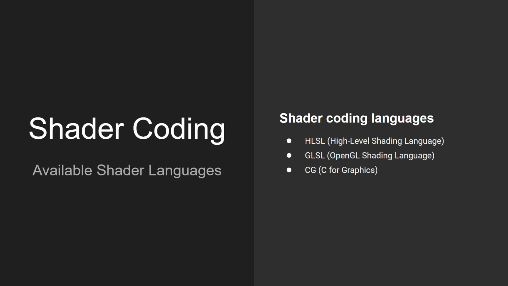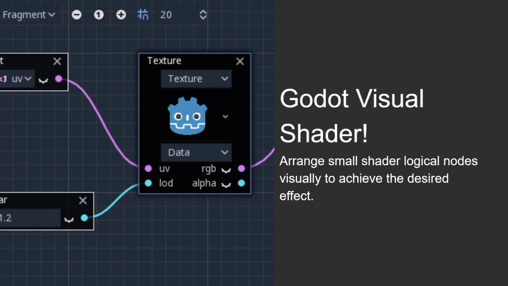If we talk about shaders, there are mainly three kinds of language available. One is the High Level Shading Language, also known as HLSL. Then there is the OpenGL Shading Language, which is GLSL, and then there is CG. To be honest, I am not very good at writing shader code, and thankfully in Godot we have something known as visual shader.